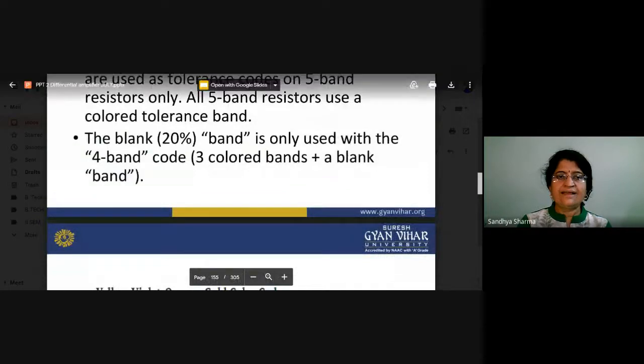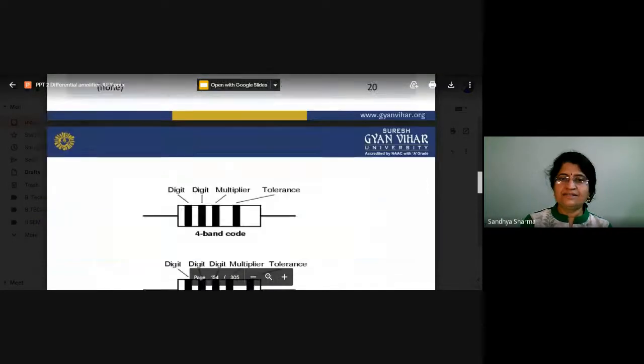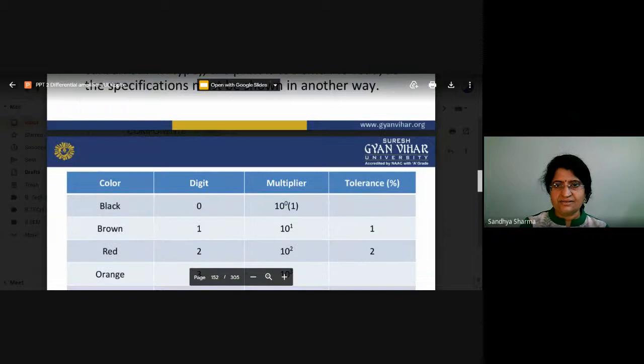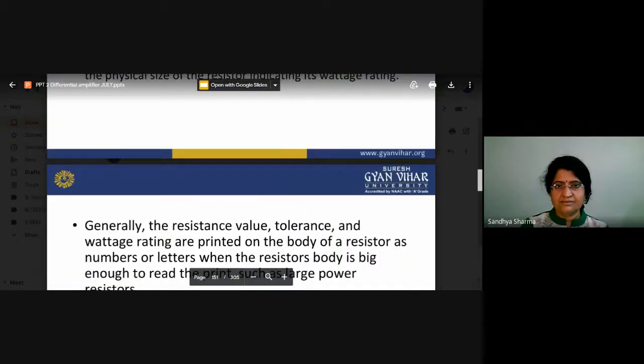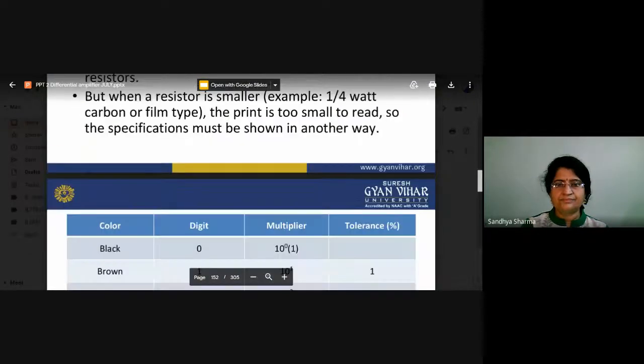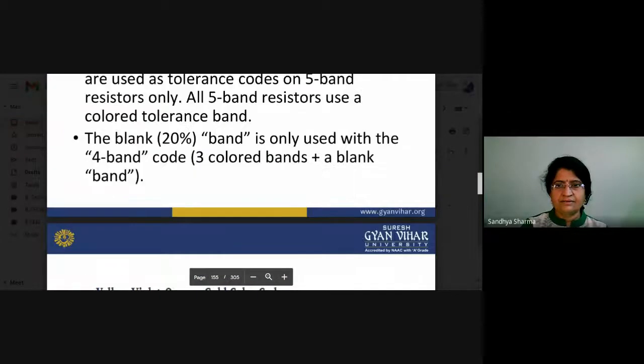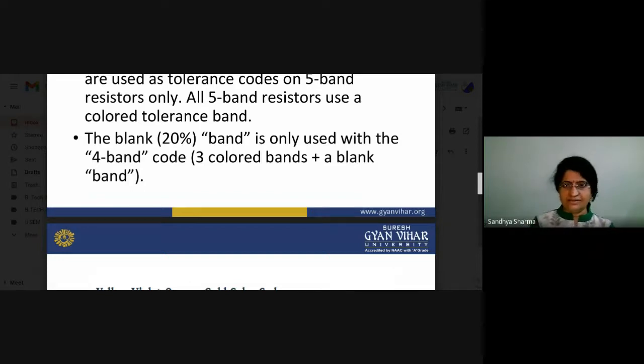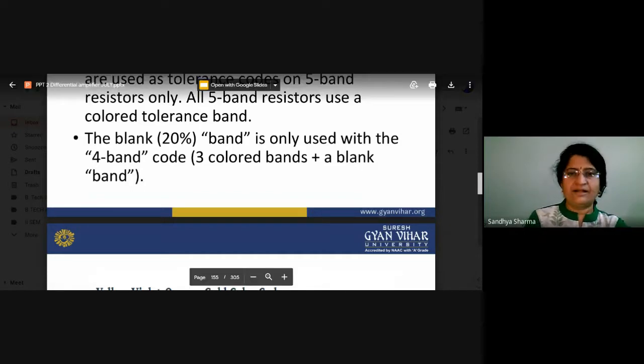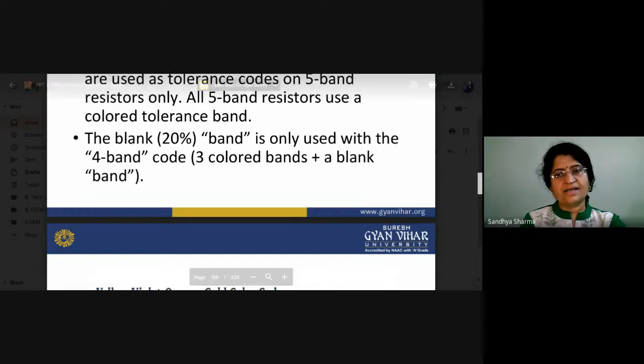The blank means nothing, so that indicates 20%. Suppose you can see here again in the diagram, nothing, blank, that indicates the 20% tolerance limit used with the 4 band code. So 3 colors and a blank code.